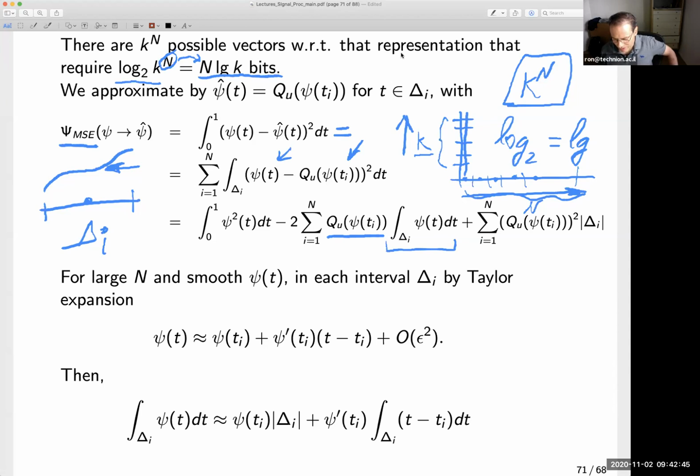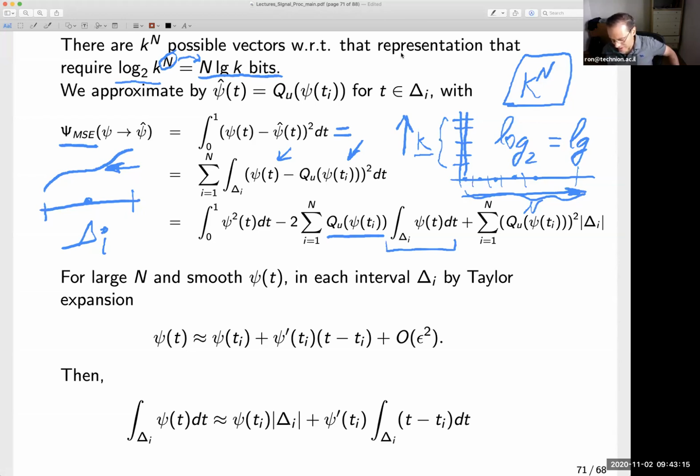So if, for example, n is really, really large, I mean, if I quantize my time interval in really, really narrow intervals, and also if I assume that my function is smooth, this is a reasonable assumption if I don't have anything else to assume, then what I can do is just look at how the Taylor expansion about ti looks like.